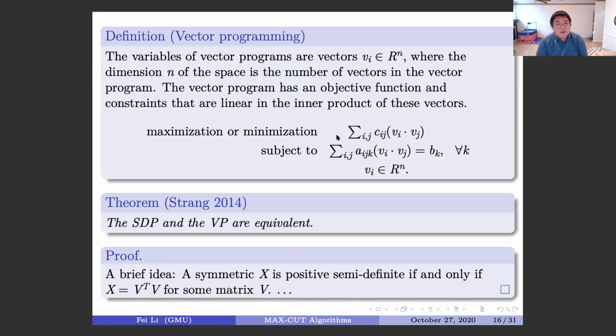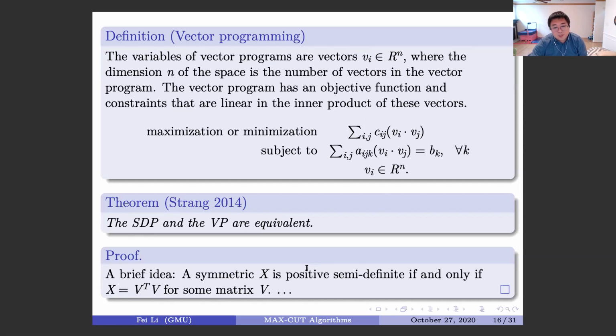In vector programming, all the variables are vectors rather than real numbers, and all the constraints are linear constraints of the inner products of these vectors. We still have maximization or minimization as our objective, but the variables are vectors instead of real values. Whenever we deal with them, we consider the inner product of these vectors. So this is the vector program.